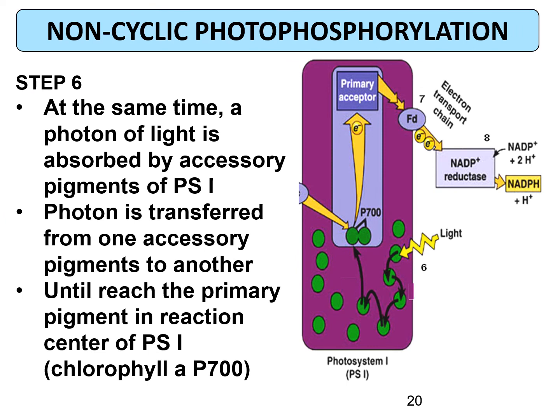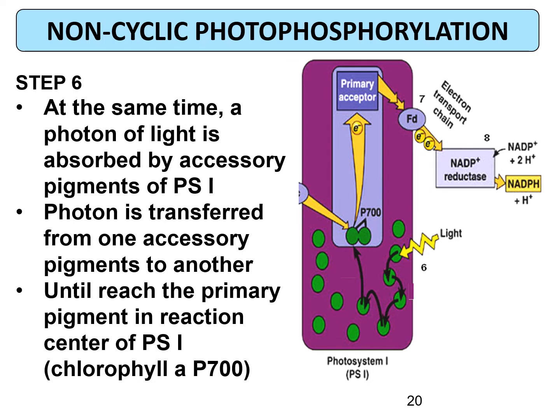Next, at the same time, a photon of light is absorbed by accessory pigments of PS1. So remember, the light energy absorption occurs simultaneously in P700 and P680, PS1 and PS2. What happened in PS2 also occurs in P700, the photoactivation.